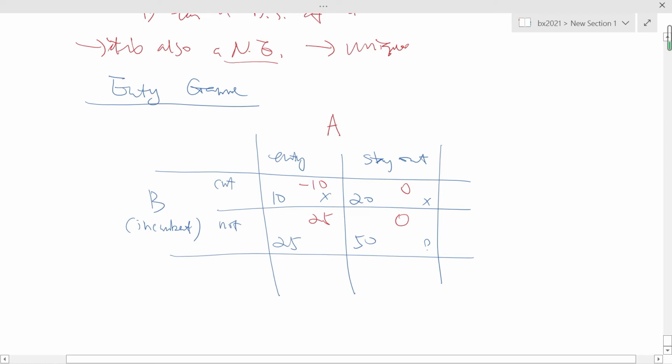Given B not cutting price, will A deviate from stay out to enter? Yes, because deviation will increase its profit from 0 to 25. So this cell is indeed not a Nash equilibrium.